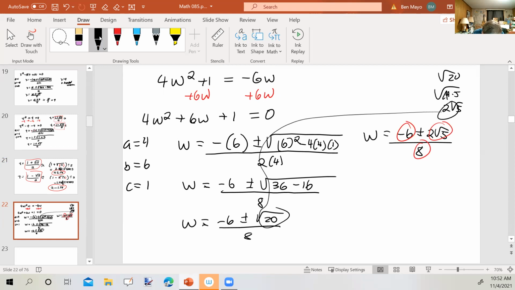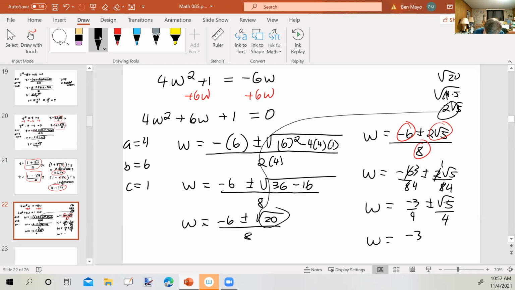So what I'm going to do is rewrite it like this. Okay. Then I can simplify that. Negative 3/4 plus or minus 2 over 8 is 1 over 4, and I don't need the 1 in front of the radical 5. So I get that. Okay. And I could actually put that back together as a package if I wanted to.